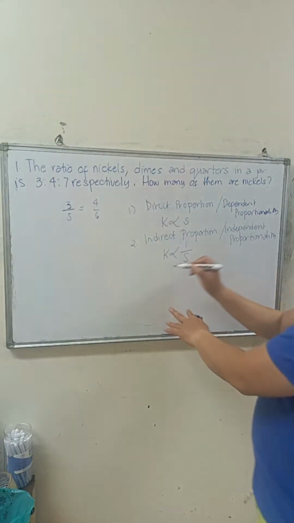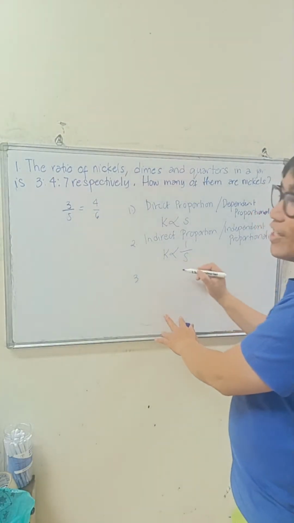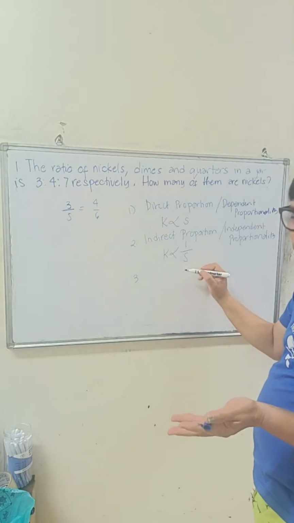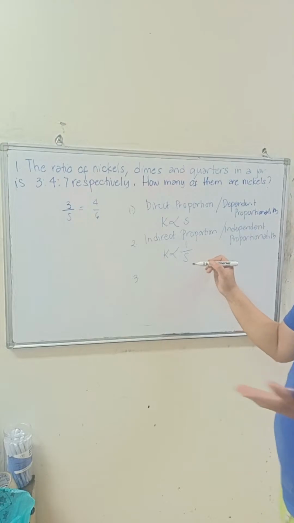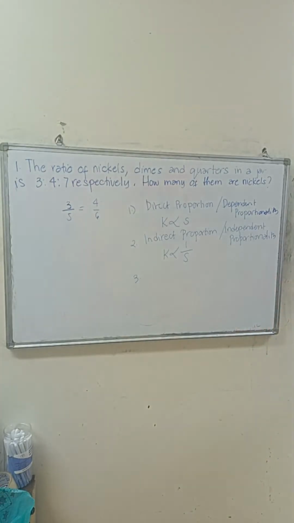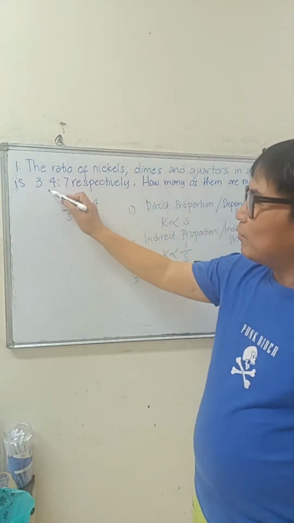The third category, which is not officially declared in the textbook, but I also include this because I think this is the most intricate of these three proportionalities. Most students will struggle because it undergoes several ratios like this, 3:4:7.